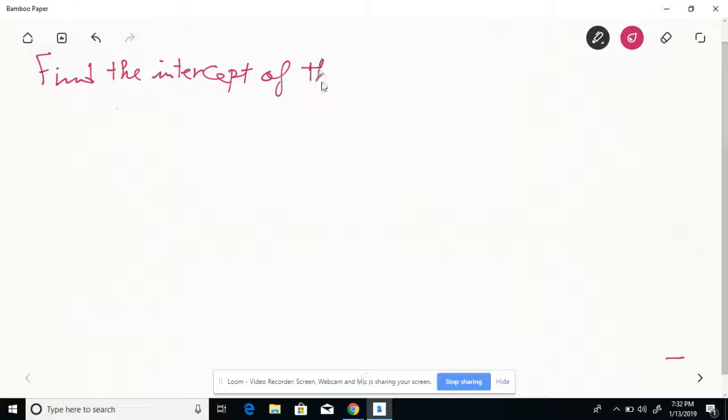I'm going to start here with an example, which is: find the intercept of the equation y equals 3x minus 1.